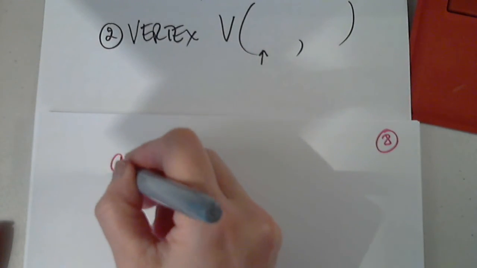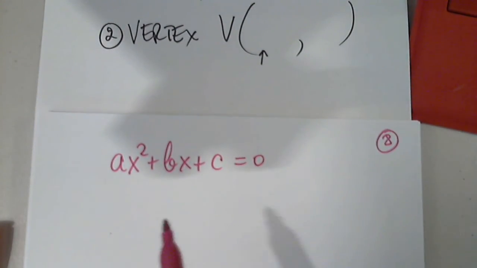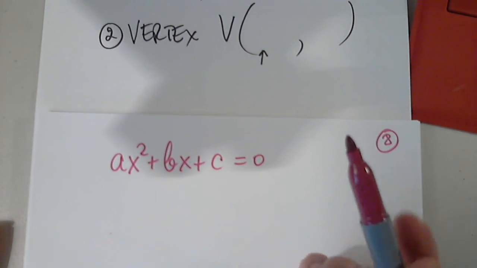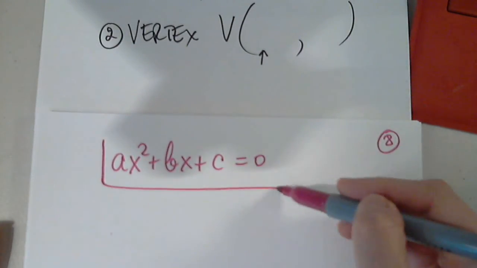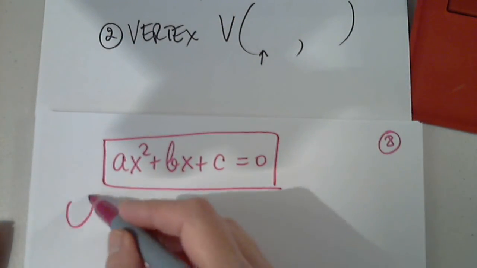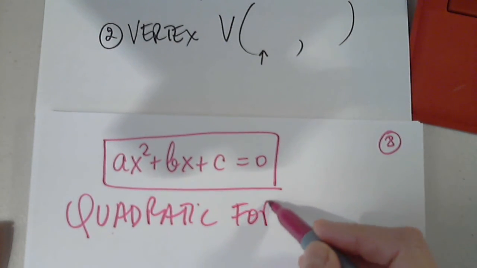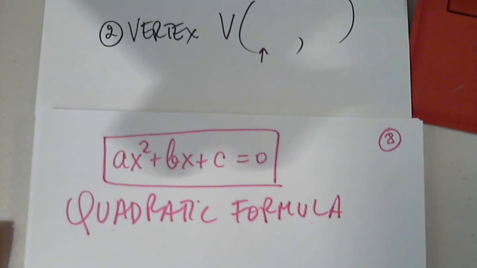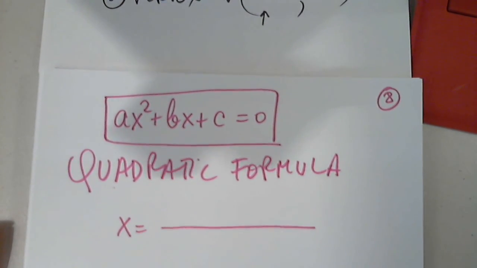When we solve the equation ax squared plus bx plus c equals 0, notice everything is in descending order, everything on one side, equal symbol and 0. This setup is mandatory for the quadratic formula. Can anyone refresh our memory on the quadratic formula? Anyone remember it?